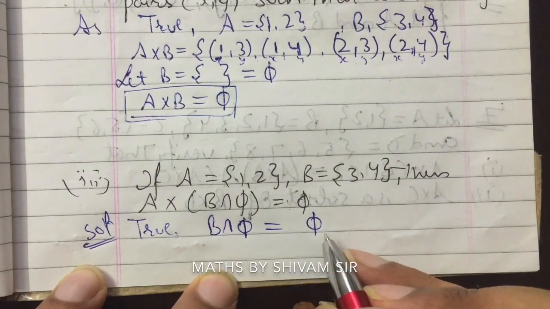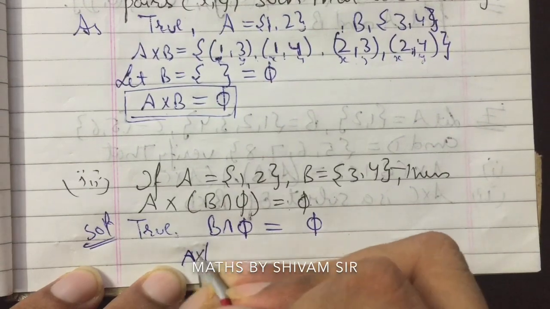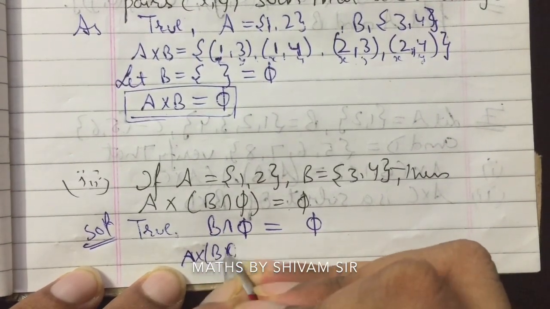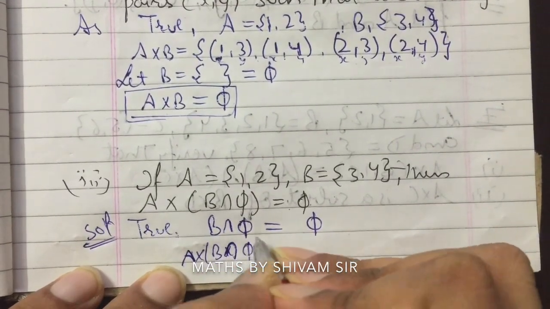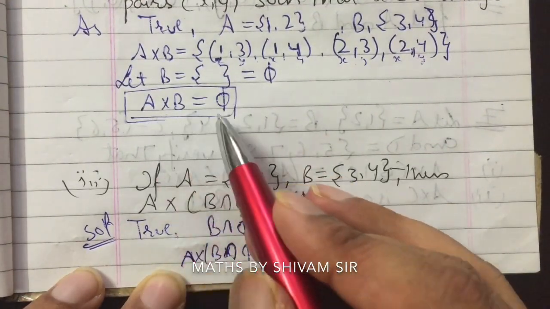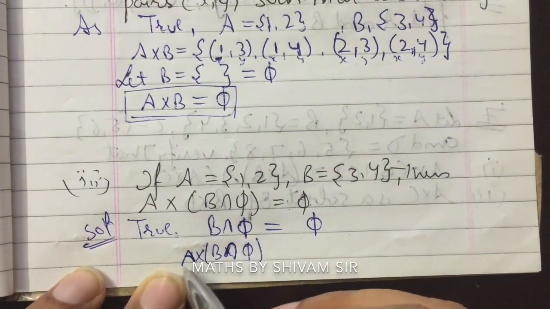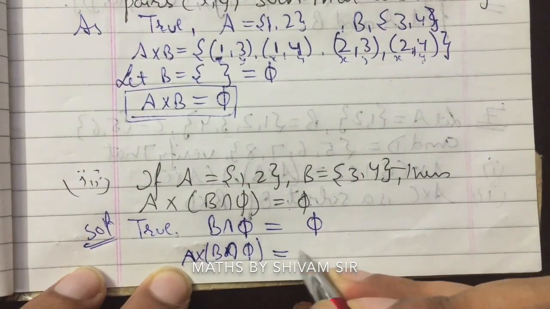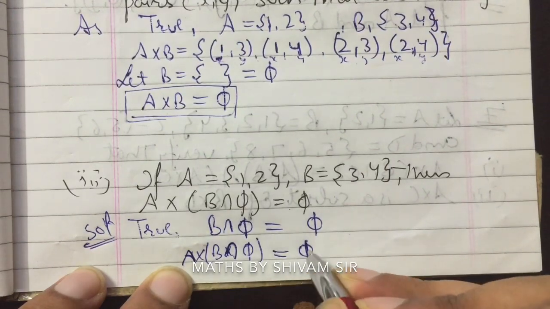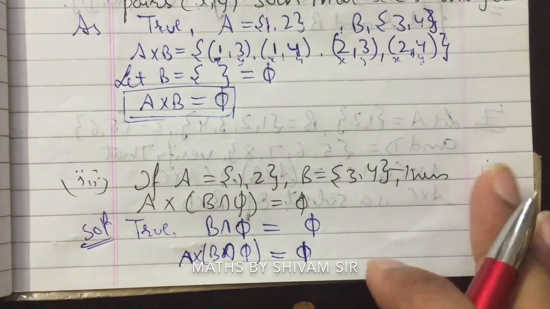So B intersection phi is phi. Now A cross (B intersection phi). We have discussed this here. If B is an empty set, A cross B will be phi. So if this is an empty set phi, then this cross A will also be phi. So this we have already discussed, right? So this is true.